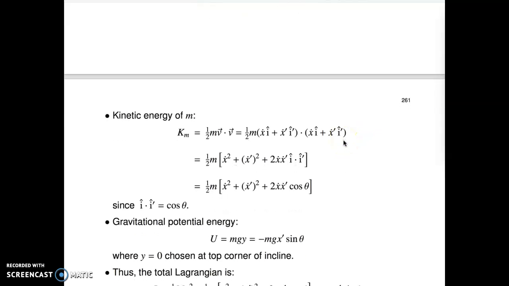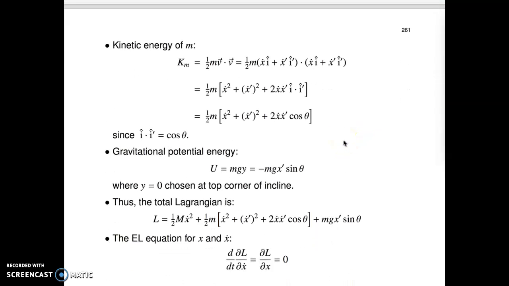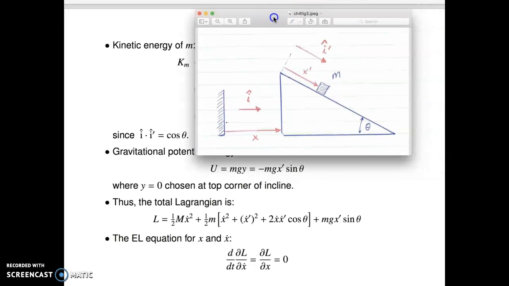Now, what about the potential energy? The potential energy is m times g times y. Y decreases as x primed increases, so because the vertical position decreases as x primed increases, that's why we have a negative sign here.